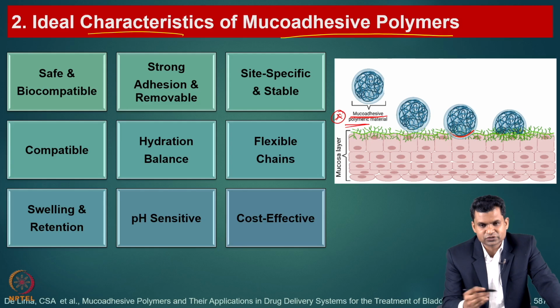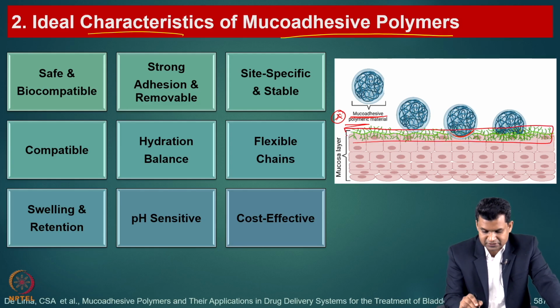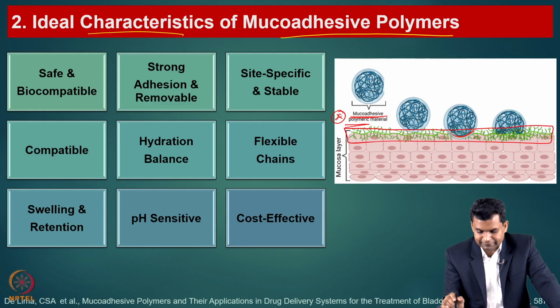Consider chitosan, and here is the mucus layer, and these are the epithelial cells. The mucus contains mucin, and after administration the carrier will interact with the mucin.